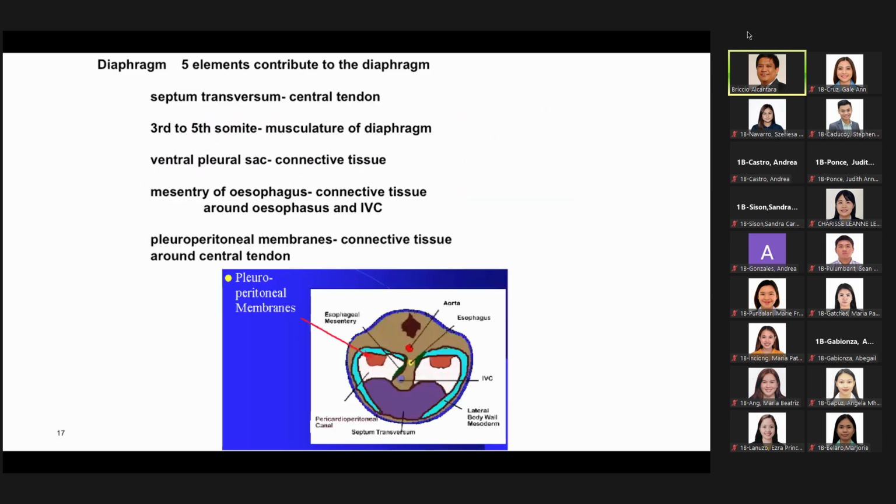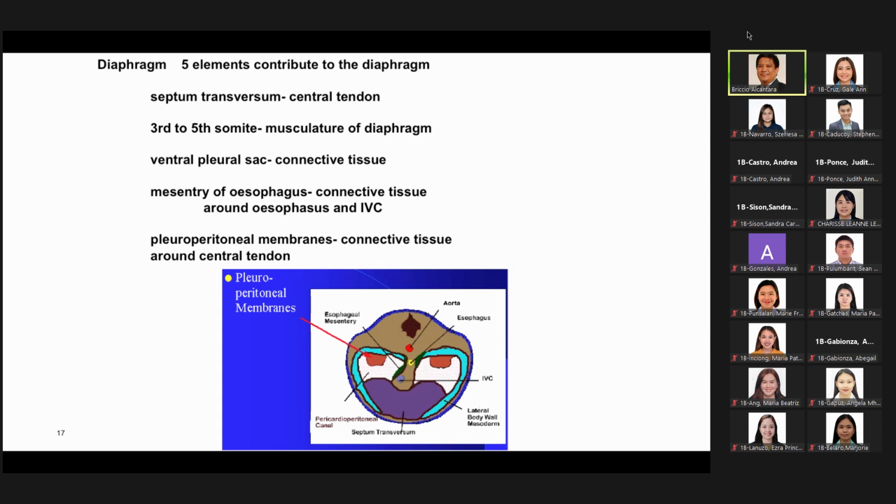Now the diaphragm. You have 5 structures contributing to the diaphragm. You have your septum transversum, your 3rd to 5th somite, the ventral pleural sac, the mesentery of the esophagus, and your pleuroperitoneal membranes. Now, the septum transversum will become your central tendon.